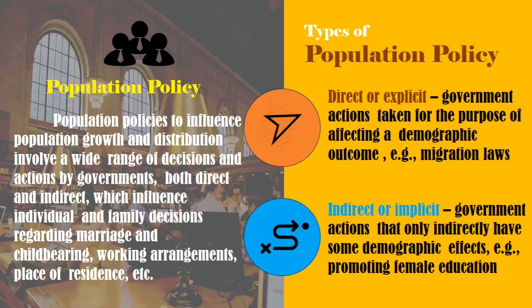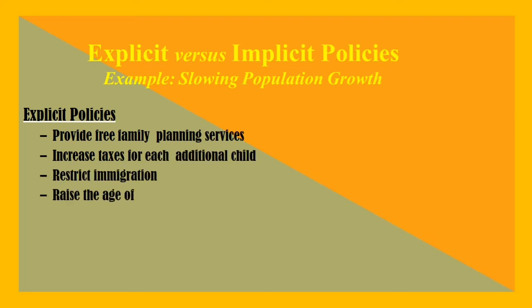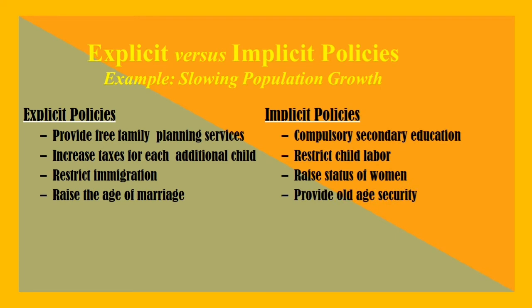Now let's have some examples of explicit and implicit policies whose purpose is to slow population growth. So, under the explicit policies, we can include providing free family planning services by the government, or increase taxes for each additional child, or policy that restricts immigration, or those that raise the age of marriage.